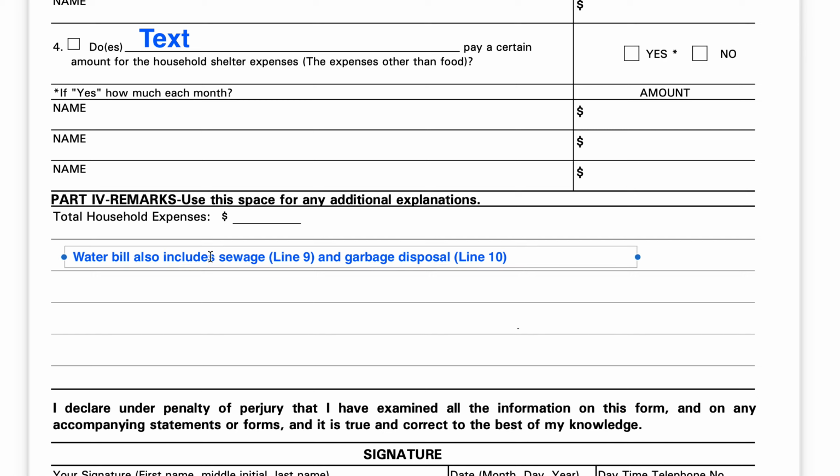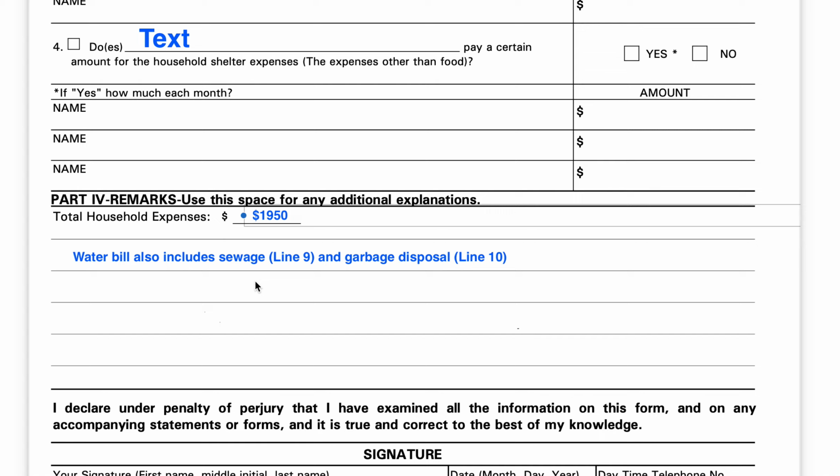So, for example, you would enter the total amount of household expenses here, which I believe was $19.50. And then you would put any explanatory remarks here.